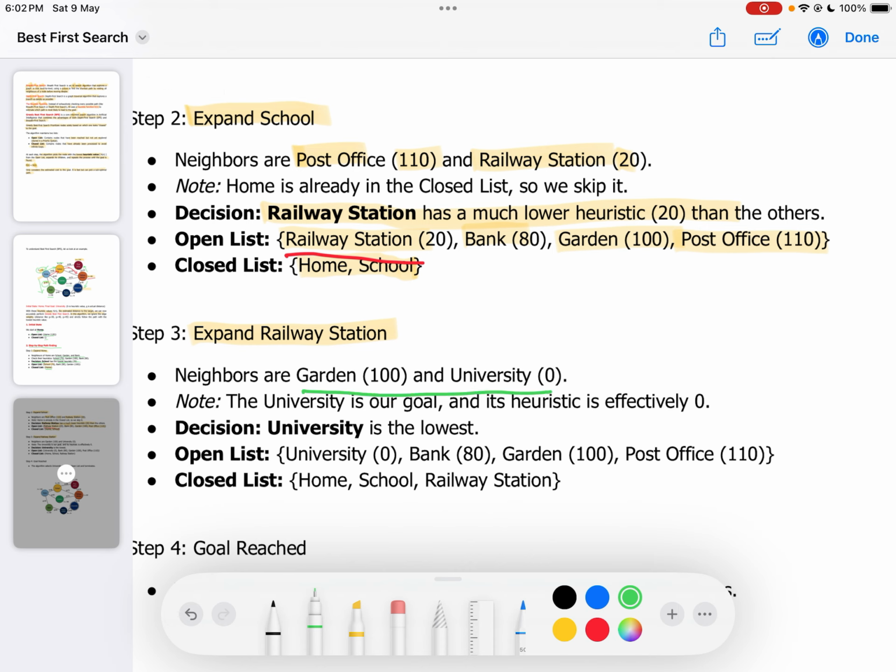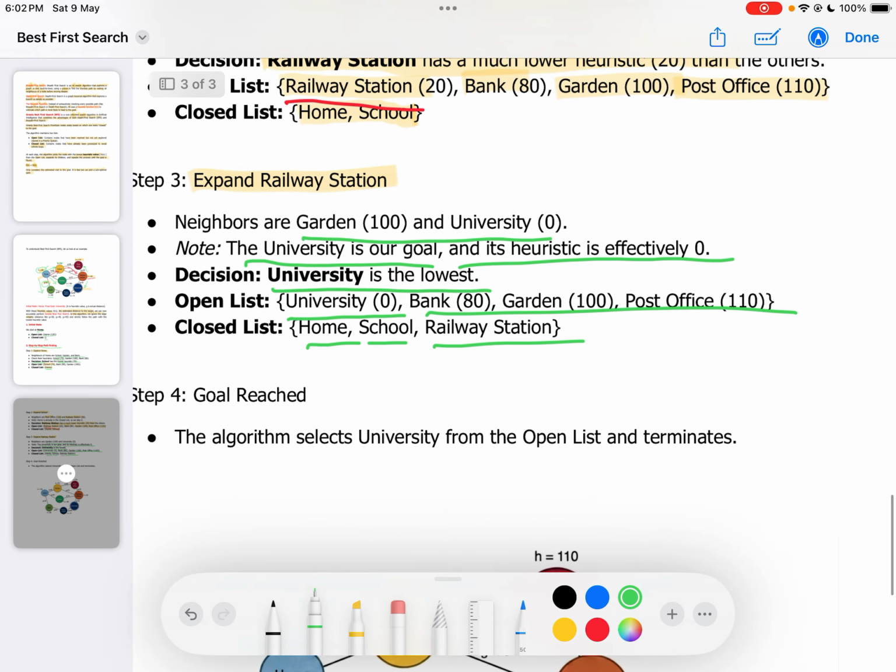Our goal is university and its heuristic value is 0. So university is the lowest. So the open list has university, and other things as usual. The closed list has home, school, and railway station is also closed. Goal reached. The algorithm selects university from the open list and terminates.